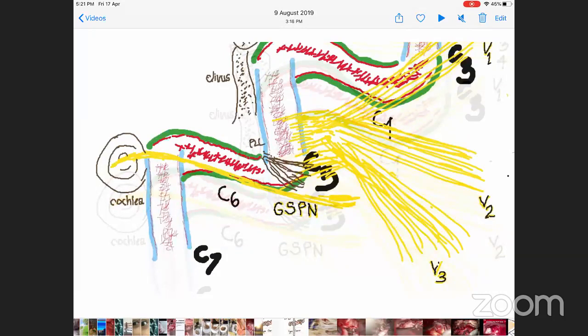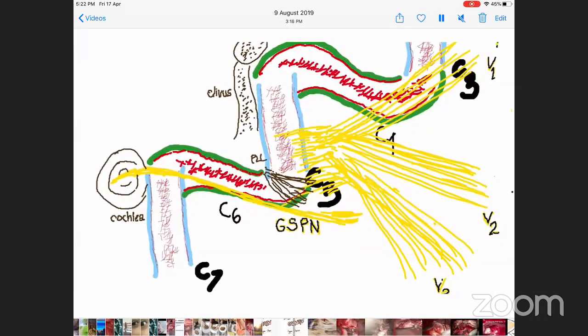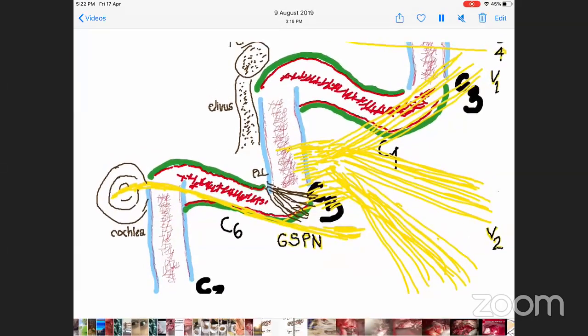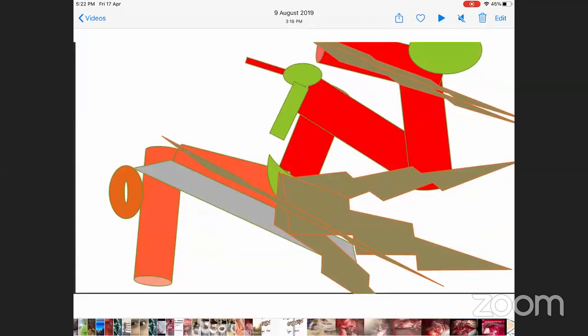You can also see the upper part of the clivus and the posterior clinoid process, just behind the C5 or paraclival segment. Now I'm going into a more schematic way. So anteriorly, the vertical segment that you see is C3.